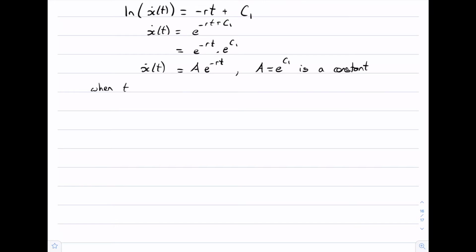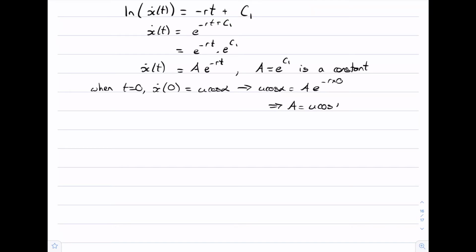When t equals 0, x dot 0 equals u cos alpha. So we plug that in to this equation here. We get u cos alpha equals a times e to the negative r times 0.